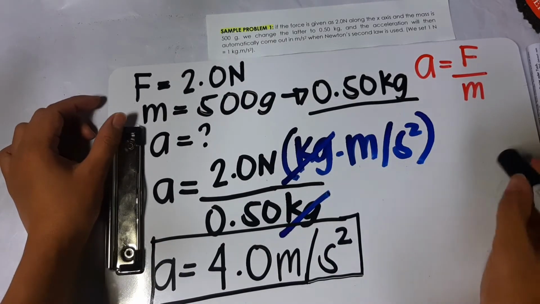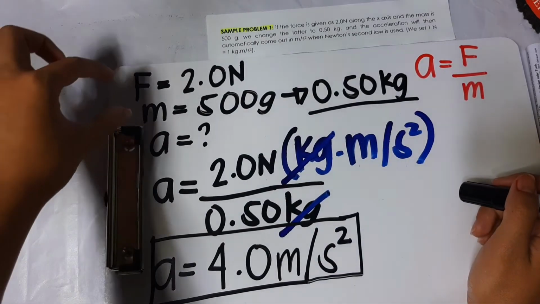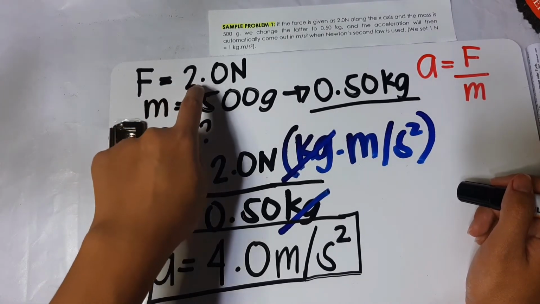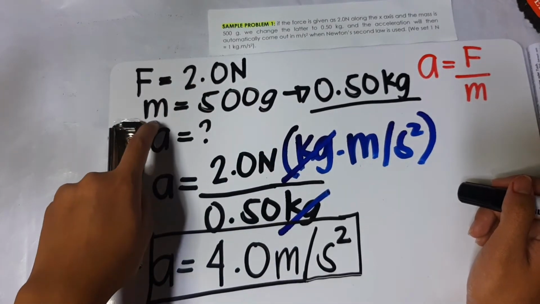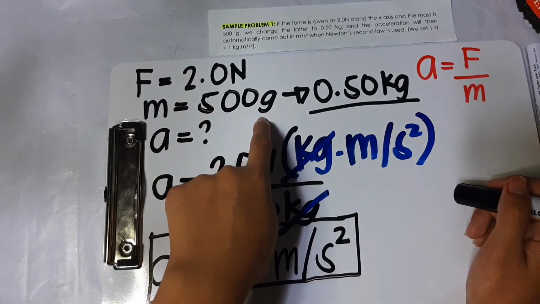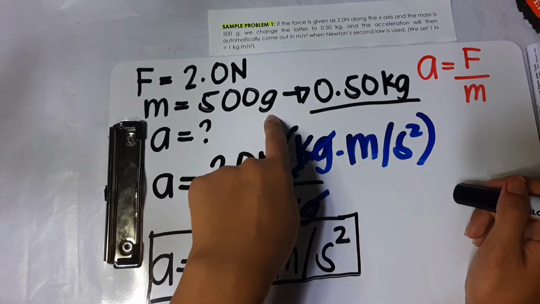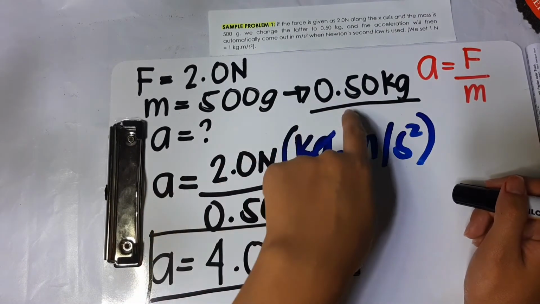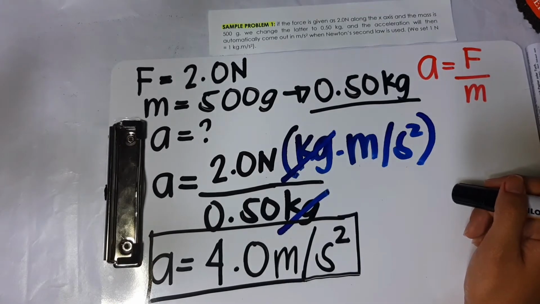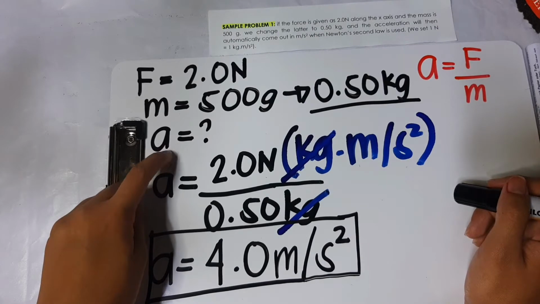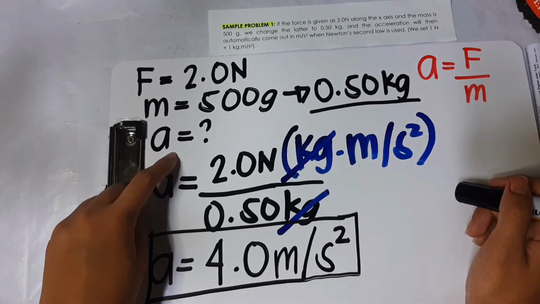Again, the first thing we did is to write the given. Force is equal now to 2.0 Newton. The mass, which is equivalent now to 500 grams, and we converted the gram unit to kilogram unit. So 500 grams is equal now to 0.50 kilograms. And the unknown of the problem is the acceleration.